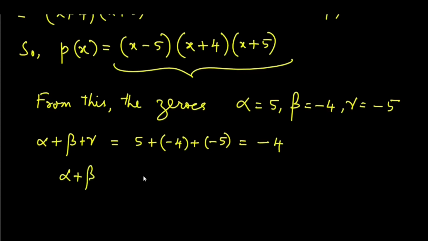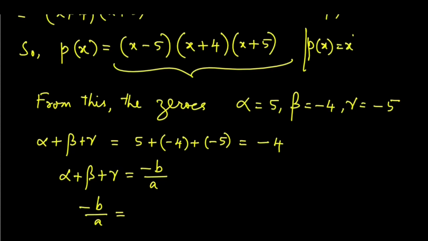Alpha plus beta plus gamma should be equal to minus b by a. Now let us check what is minus b by a. What is our polynomial p of x? P of x is equal to x cube plus 4x square minus 25x minus 100. So a is equal to 1, b is equal to 4, c is equal to minus 25, and d is equal to minus 100.